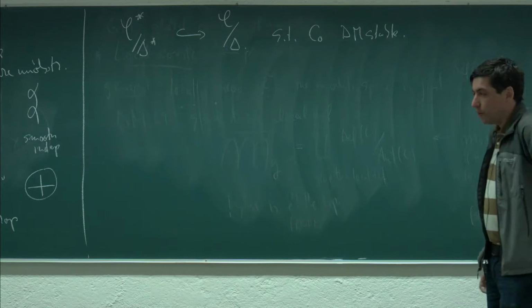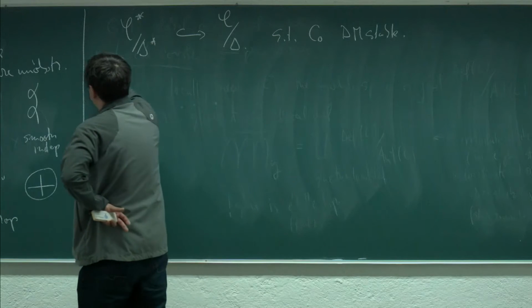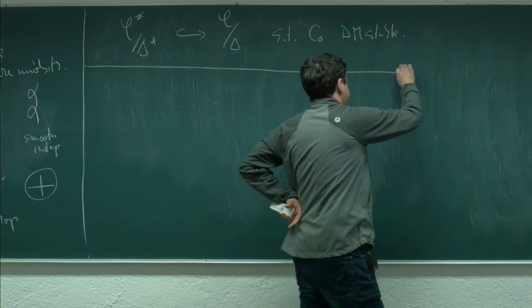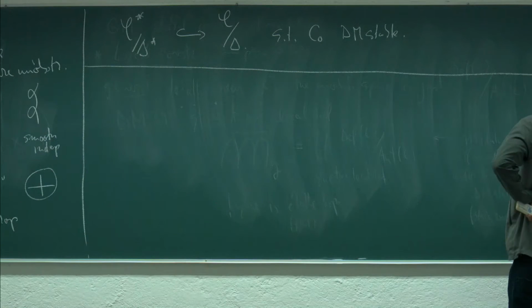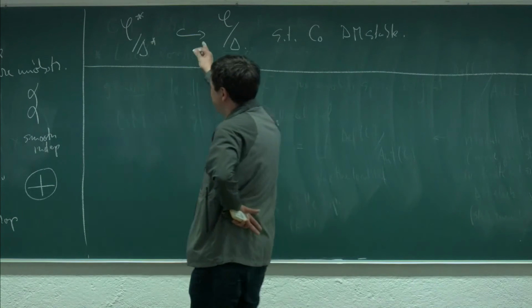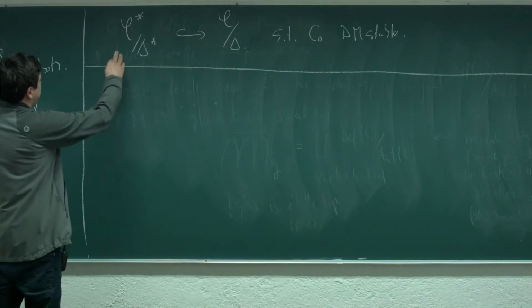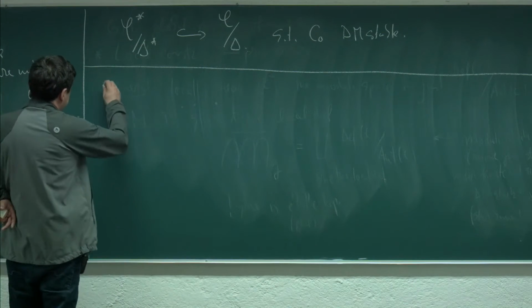So this is the valuative criterion of properness. And I don't know if this was done, but probably this should be done in tutorials, why you can do this. That's an interesting thing.